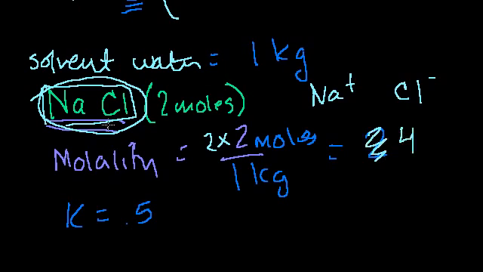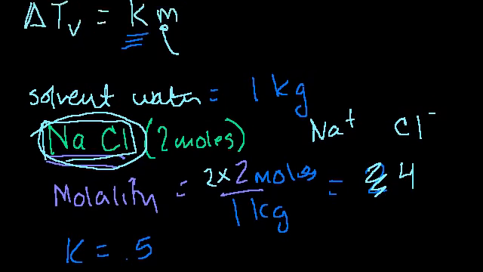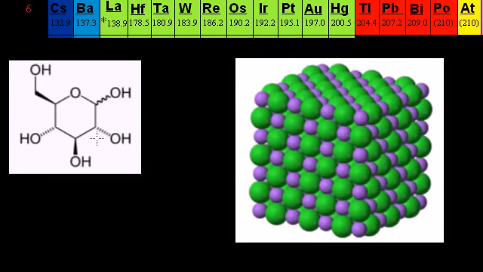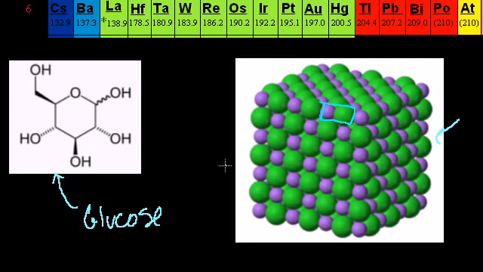And this is an interesting point. I wrote it here. So this right here is glucose. And this is sodium chloride, or at least sodium chloride in its crystal form. You can view one of these little pairs as one molecule, or one salt. But the interesting thing is you could have the same number of moles of sodium chloride as a compound and glucose.